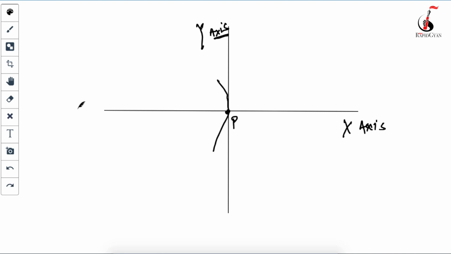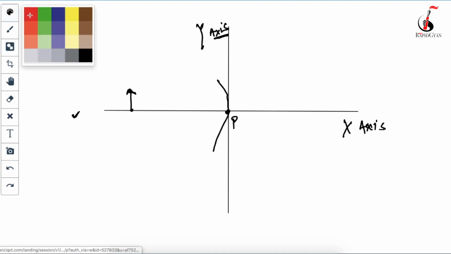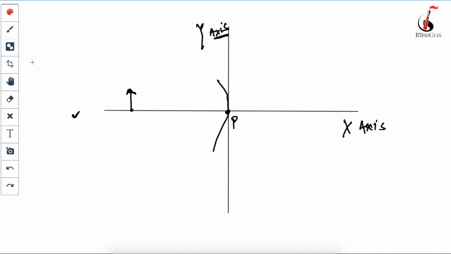This will be your mirror and this is your principal axis, correct? So now tell me one thing. If your object is over here, and I am going to measure this distance, can anyone tell me whether this distance will be positive or negative?